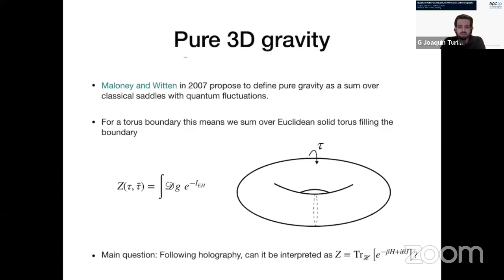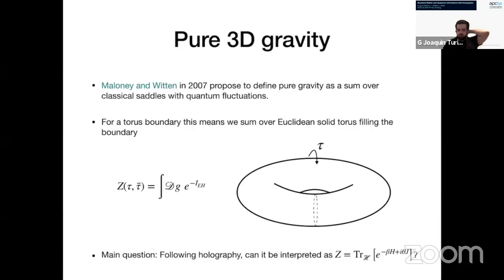Okay. So what I'm going to talk about now is pure gravity. So now, pure 3D gravity, and Maloney and Witten proposed to define it as a sum over classical saddles with quantum fluctuations. So we sum over fluctuations only around geometries, or we integrate over metrics that are continuously connected to some classical configuration.